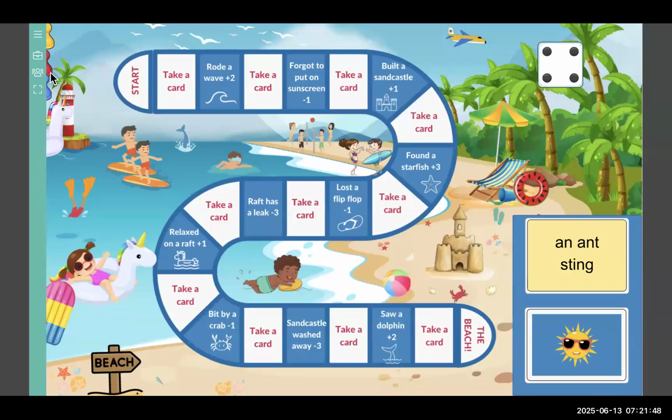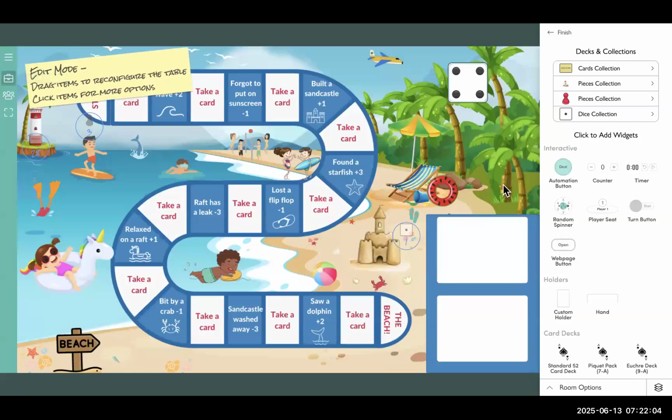The only thing I ask, whenever you get this, is to make a copy of it, because if you don't, somebody else might change it, like they could delete things on here. So whenever you get it, go to edit table. Then over here, go to room options at the very bottom.